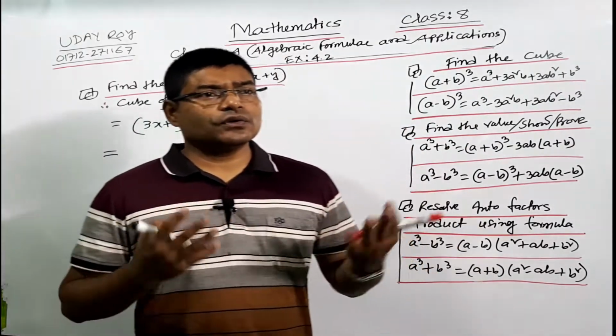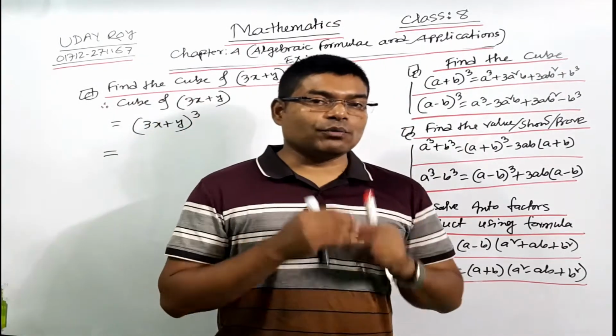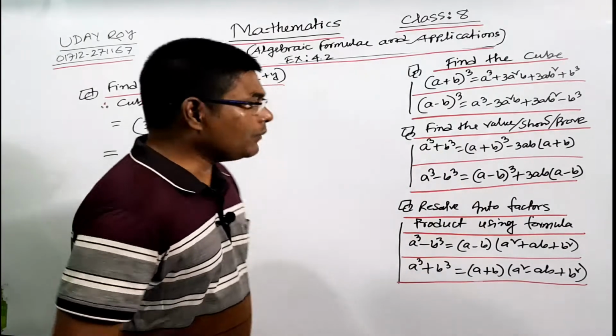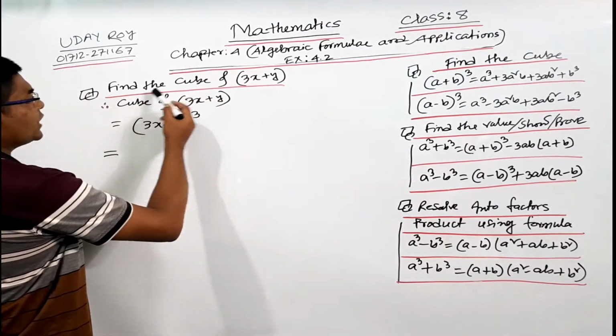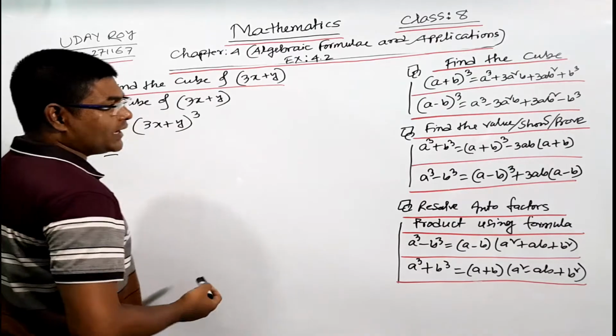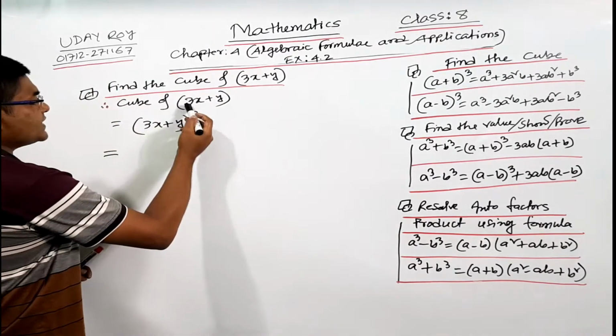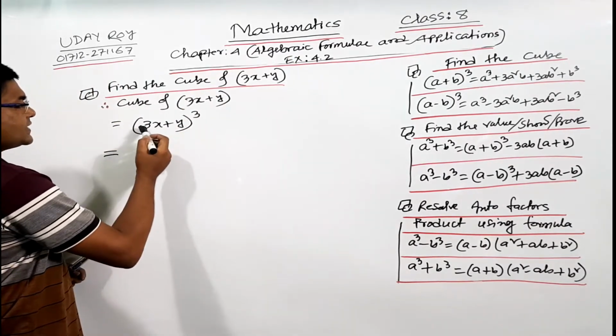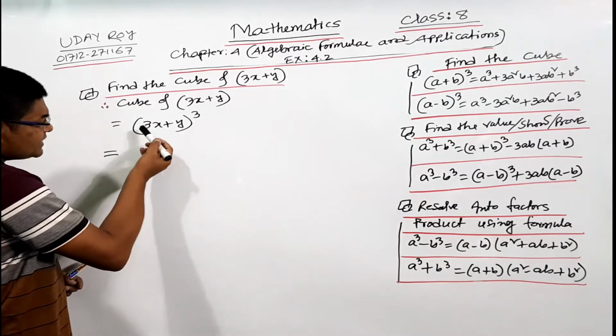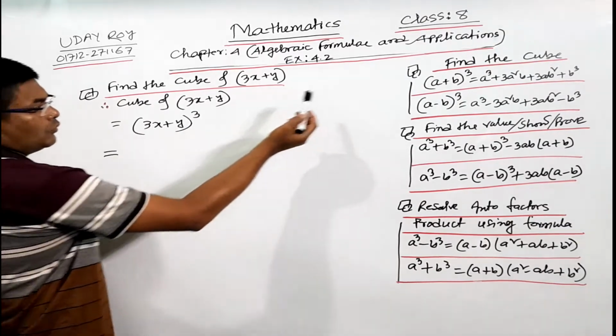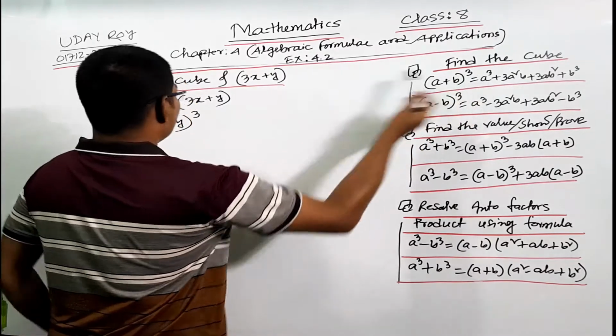Let's come back. We will solve, find the cube of. We will learn now find the cube of. You can say find the cube of 3x plus y. For this, cube of 3x plus y, here is (3x plus y) cube. That means (a plus b) whole cube. Follow here, (a plus b) whole cube.